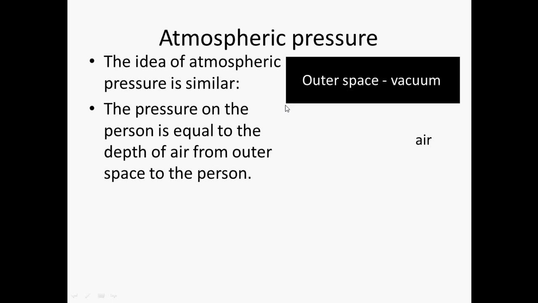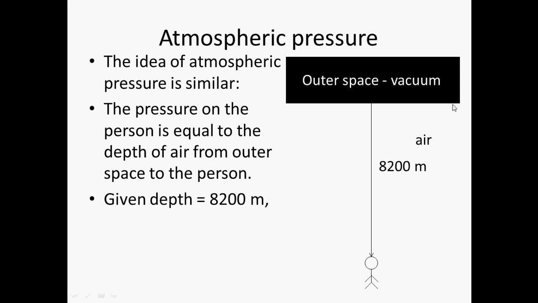So you can consider that the air has a surface, the boundary between outer space and air. This is only a hypothetical value, and later I'll explain why. So imagine there's 8,200 meters of air from the surface of the air to you, standing at sea level.